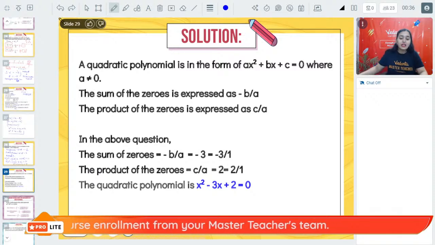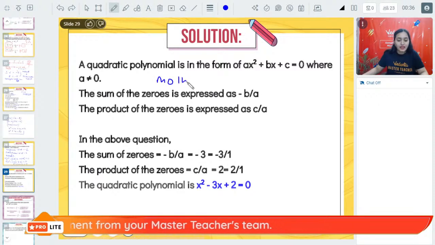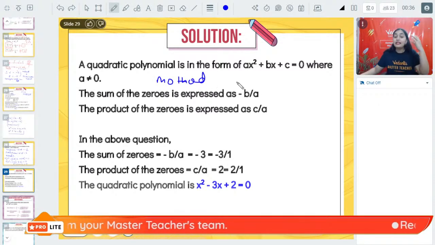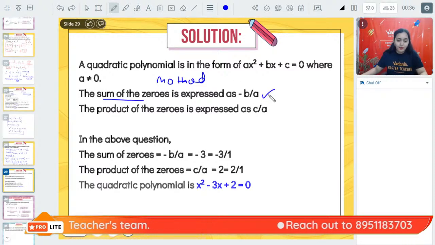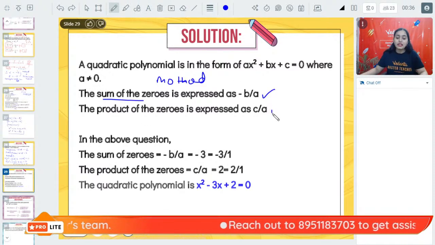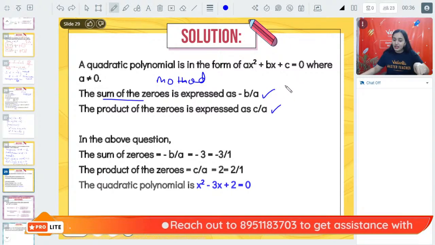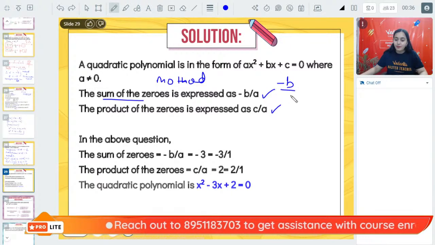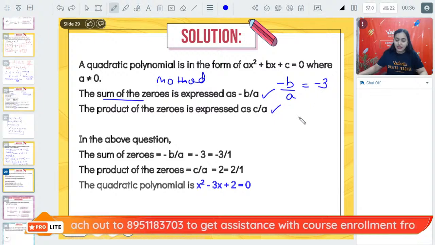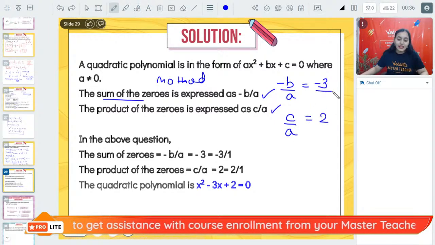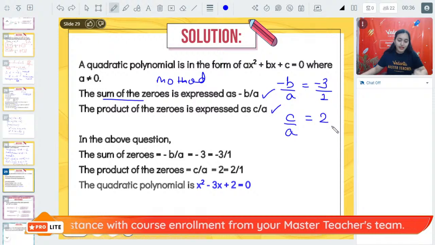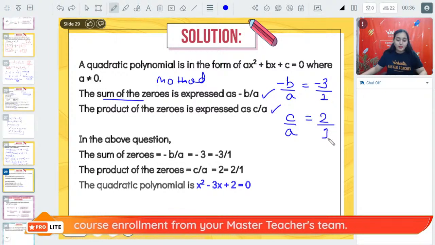Now method number two is again very simple. Since you know sum of zeros is minus b upon a, product of zeros is c upon a. It is given in the question minus b upon a is minus 3 and c upon a is 2. Now minus 3 can be written as minus 3 upon 1, and 2 can be written as 2 upon 1.